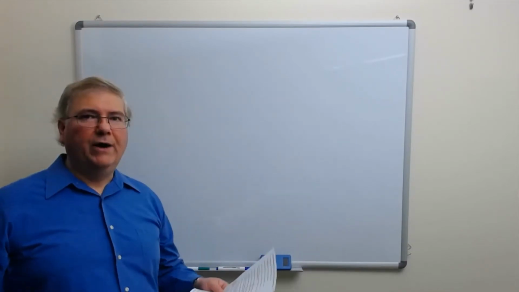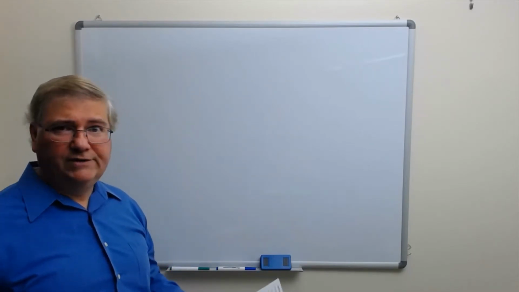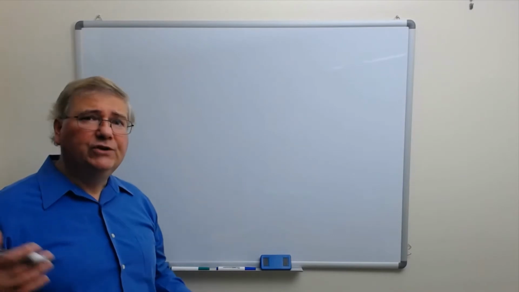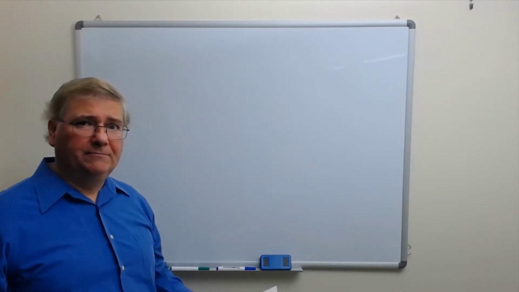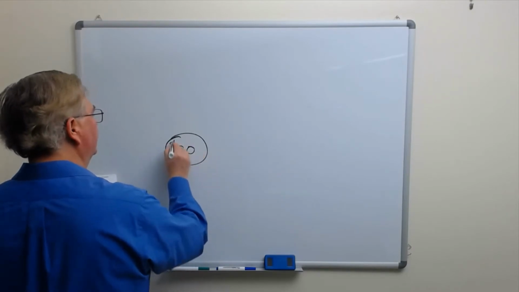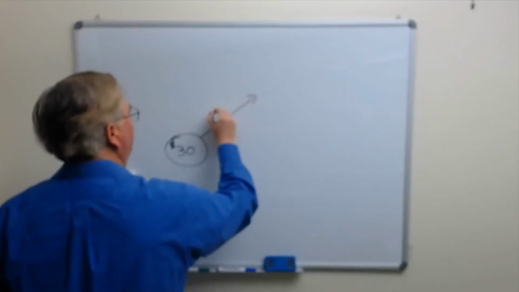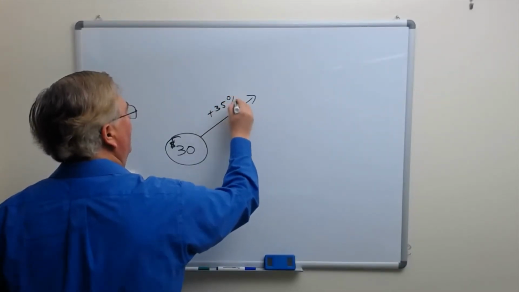soccer ball. So as always, the first thing I encourage students to do is to draw a diagram or a schematic of the problem. And this really helps you understand the nature of the problem. Okay, so Mr. Cheevers can buy soccer balls for, let's say, $30 per soccer ball. And he wants to make a 35% profit.